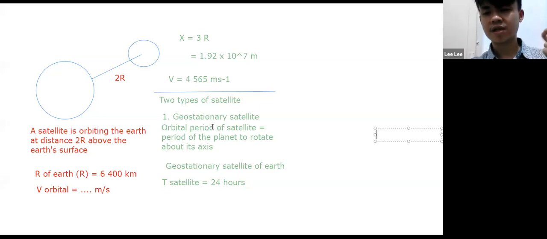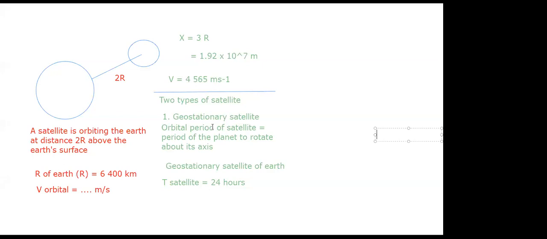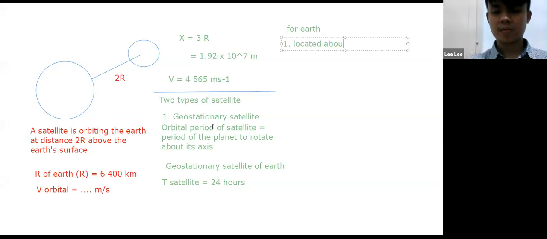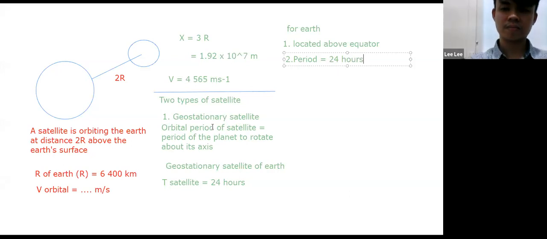Do you have any questions until here? No, sir. Another characteristic of a geostationary satellite for Earth is that it is located above the equator line. The period, as you know already, equals 24 hours.